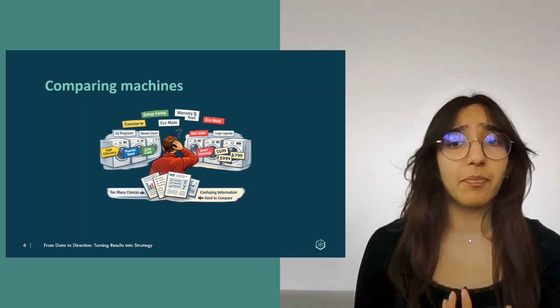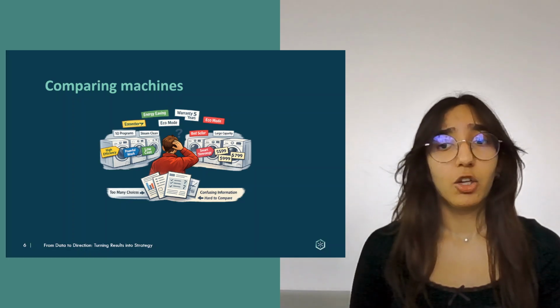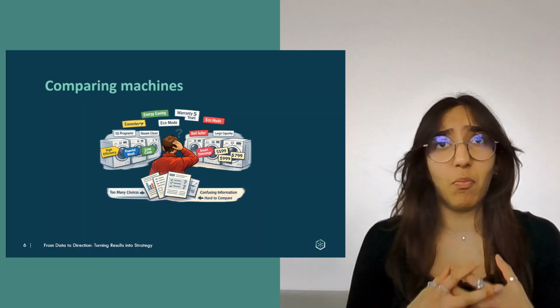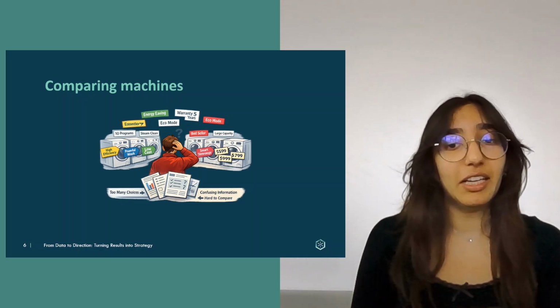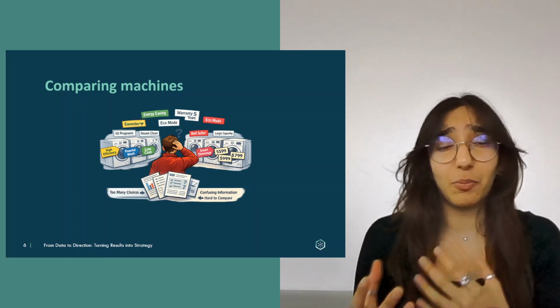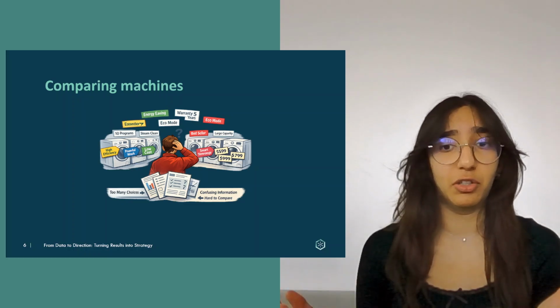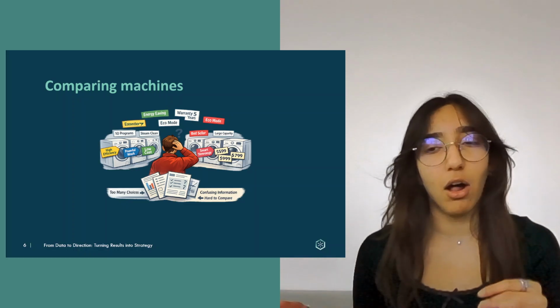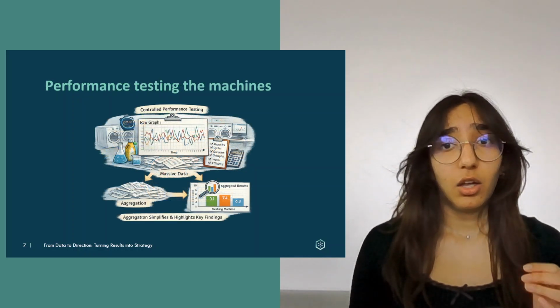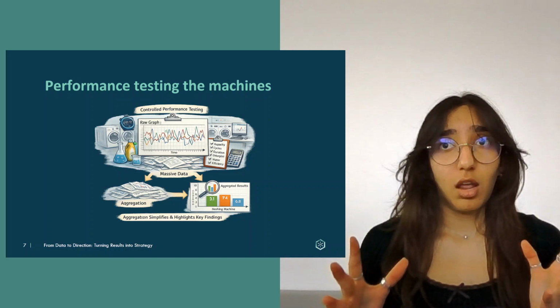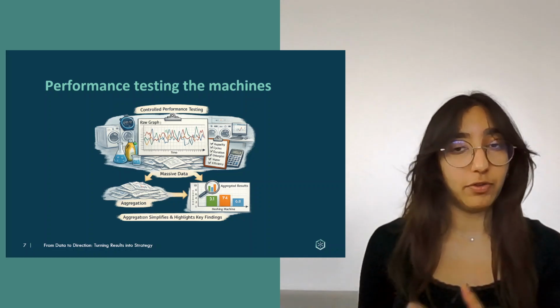But comparing them directly isn't easy. You are overwhelmed and bombarded with information, and the way it is presented doesn't help the decision process at all. So, how would we solve this?